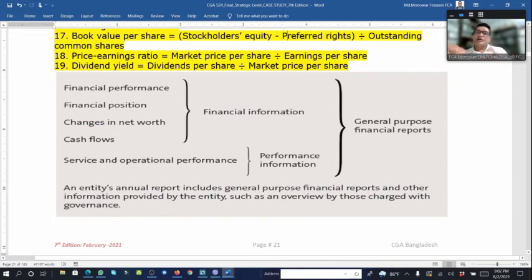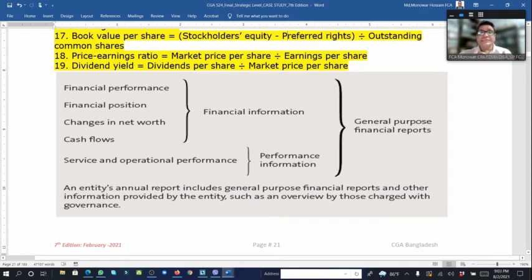So here, general purpose financial statement. What we are saying is financial performance, that means profit and loss, financial position, that means balance sheet, change of net worth, that means statement of equity, cash flow, etc. The financial information, and within that financial information, service operating performance, environmental performance, etc. are all general purpose financial statement.